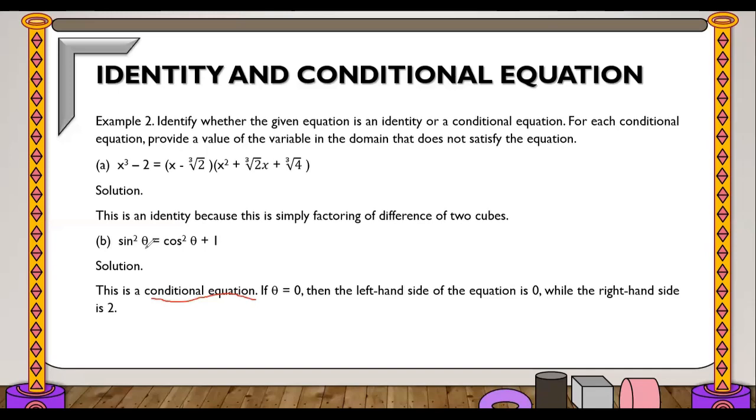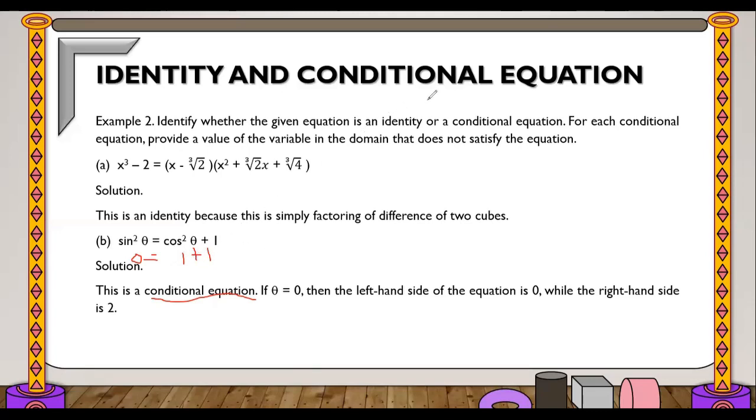Pag ginawa mong 0 yung theta natin, yung sine squared theta ay magiging 0. Pero yung right-hand side naman ay magiging 2, kasi ang cosine squared 0 ay 1, plus 1. So magiging 2. And 0 is not equal to 2.